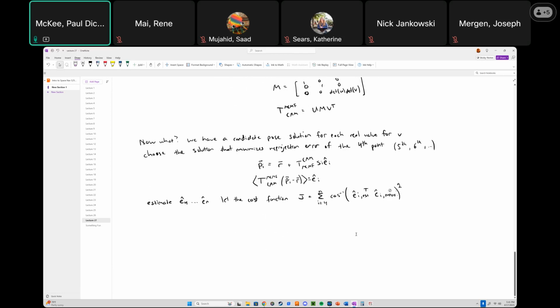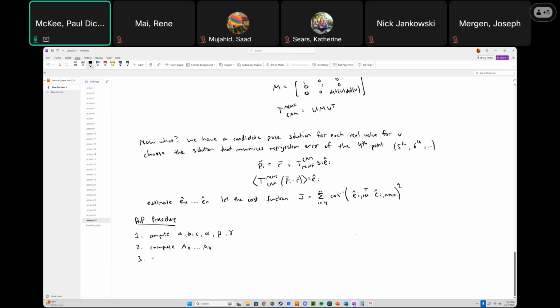So our whole PNP procedure to solve homework 7 looks like this. 1, compute A, B, C, alpha, beta, and gamma. Number 2, compute A0 all the way up to A4.